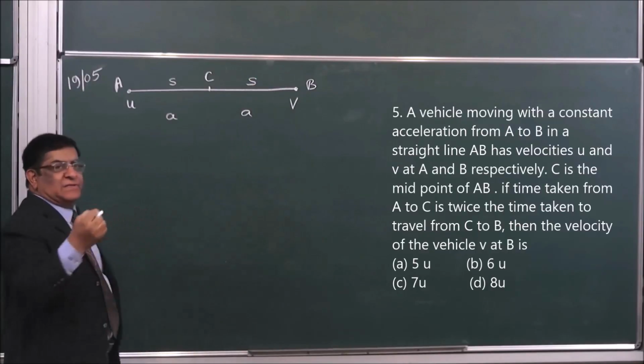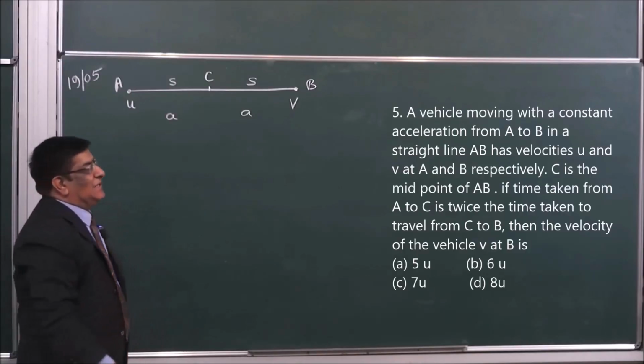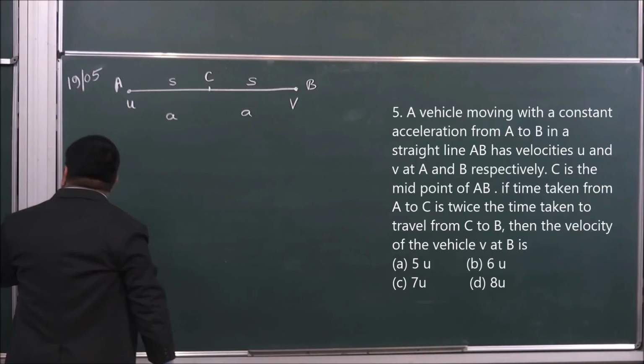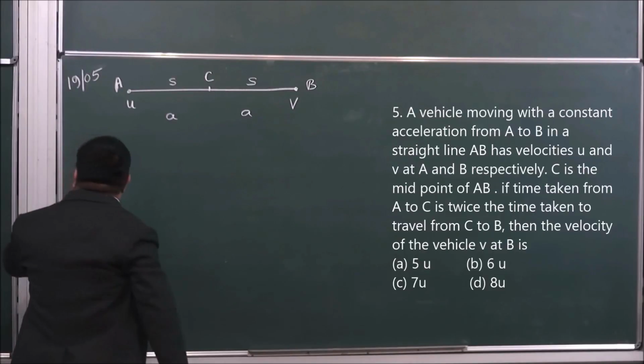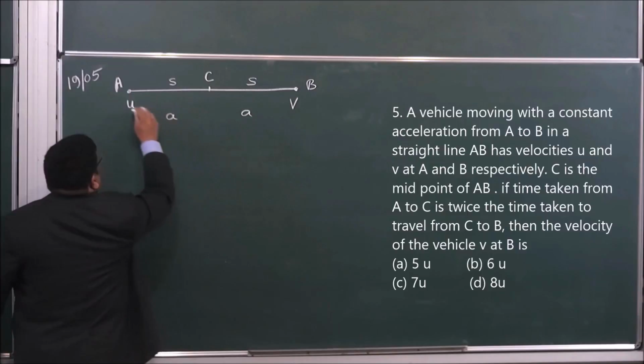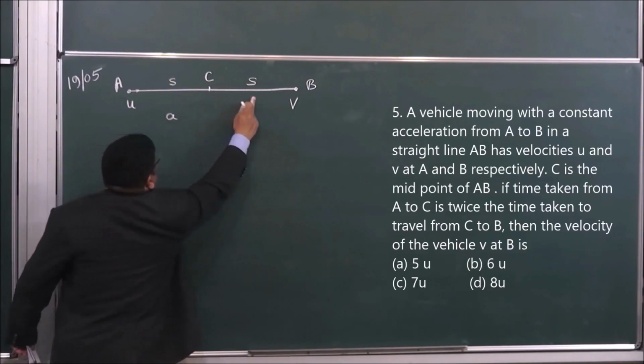We can write it S upon 2. So I will write it S here. Okay. Now, the time taken to travel from A to C is twice the time taken to travel from C to B. Because it is accelerated motion, it is slow here, becomes fast, fast, fast.